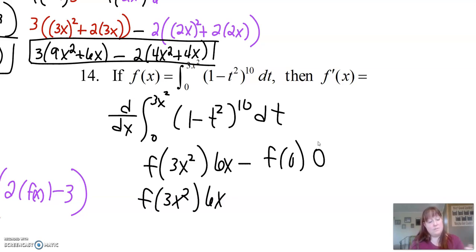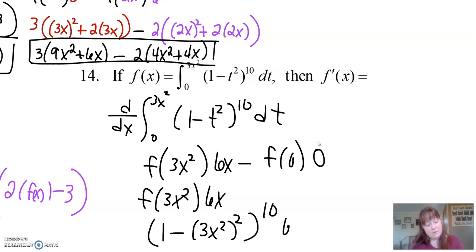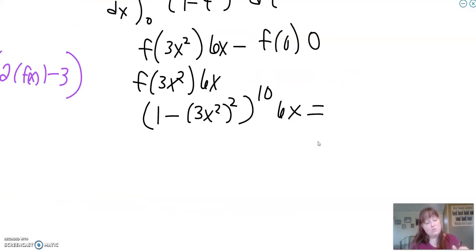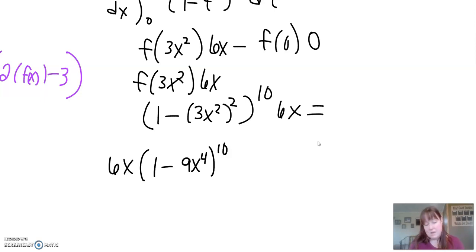Everywhere there's a t, we plug in 3x squared, so we now have 1 minus 3x squared squared to the 10th times 6x. We can simplify that a tiny bit: 1 minus 9x to the 4th, to the 10th, and we'll put the 6x out here the nice mathy way, and there you go.